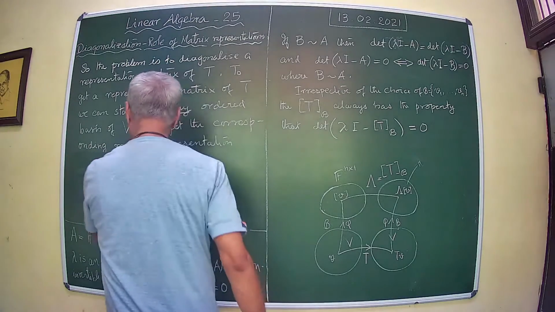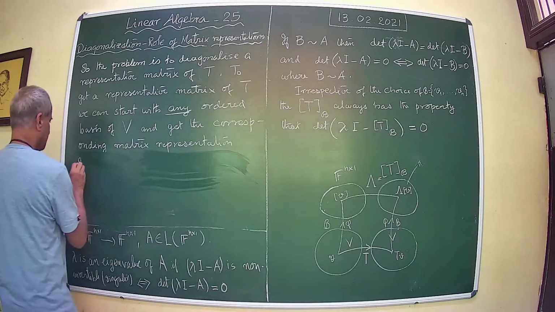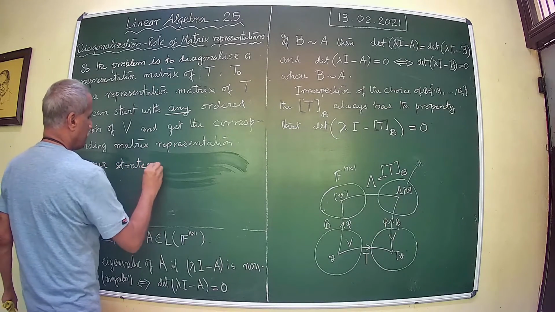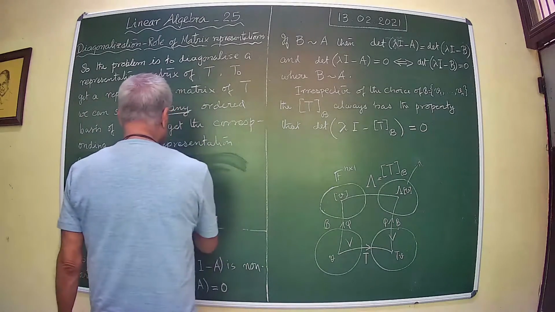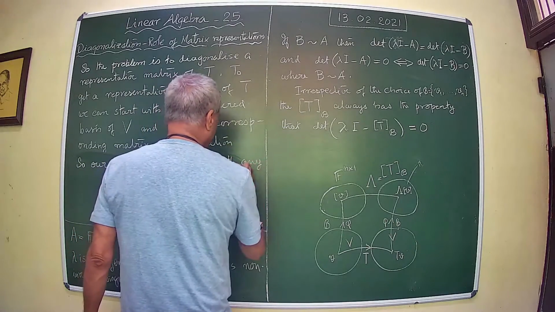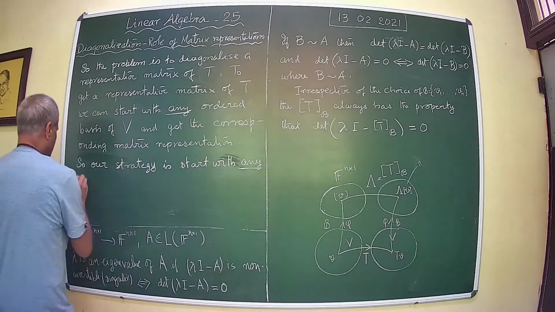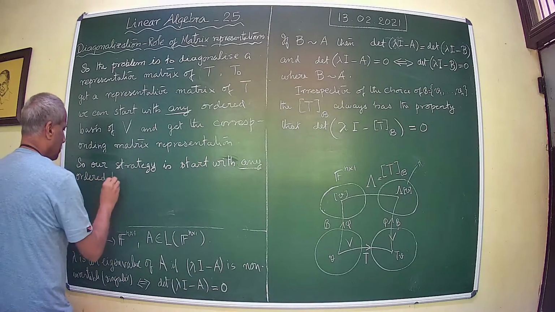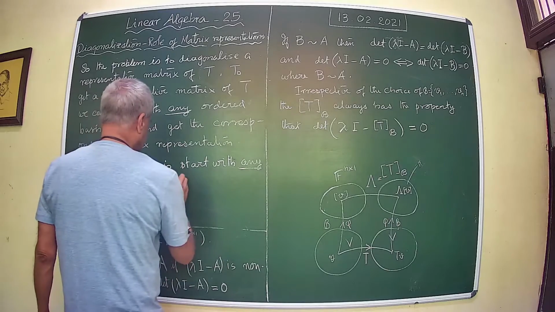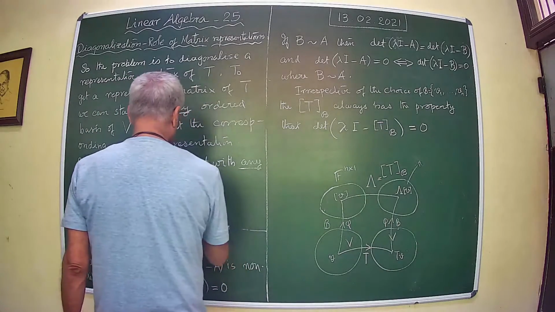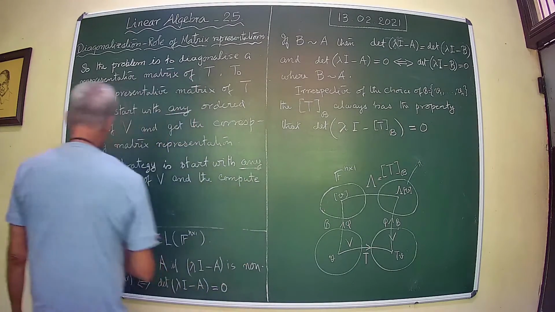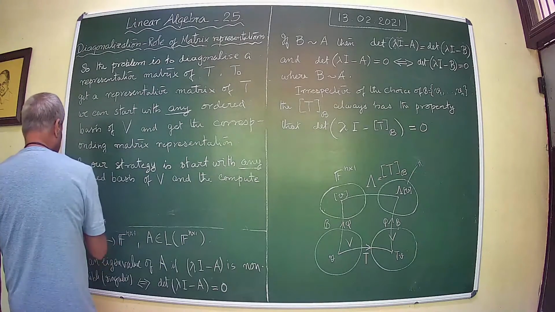Okay, so our strategy is to start with any ordered basis of V and then compute the corresponding representative matrix.